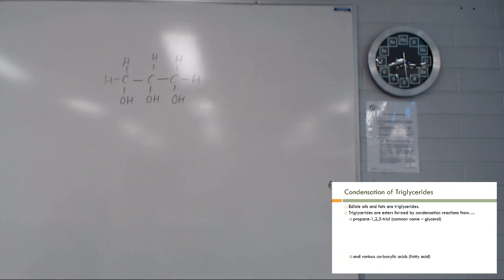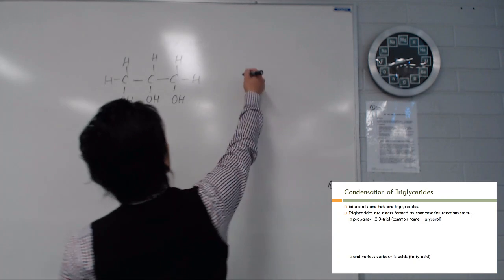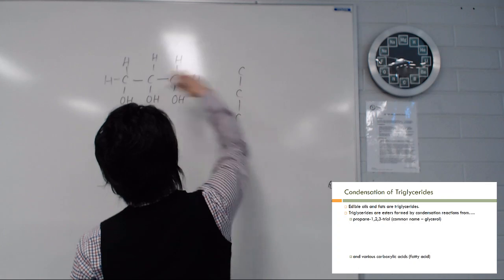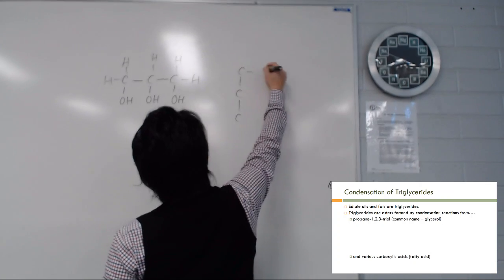That's 1, 2, 3 propane triol, or propane 1,2,3-triol, either way. Now, in this subchapter, you often see this flipped around, about 90 degrees rotated around.